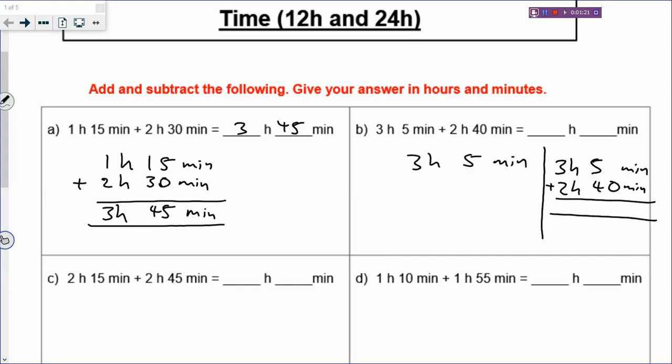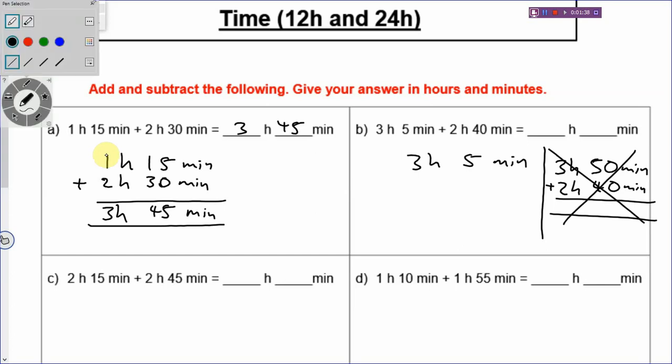You may put a 0 over here, and then your 5 minutes become 50 minutes already. So it's a bit dangerous. If there is a single digit, which is 5 minutes, what do you do? You push the 5 minutes all the way to the right side.